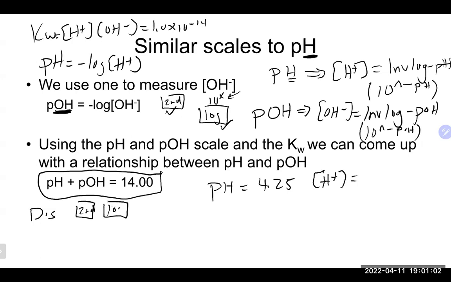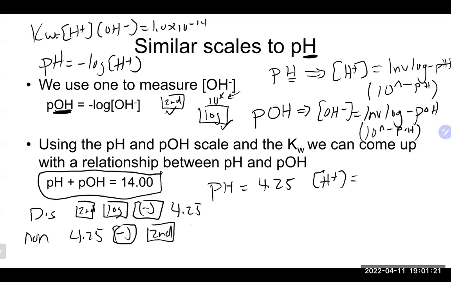You're going to go log. You're going to go negative, and then you're going to go 4.25. If you have a non-display calculator, you're actually going to go 4.25, hit the negative button to turn it into a negative value. Then you will hit the second button, and then you will hit the log button. So those are two ways you have to punch those in.